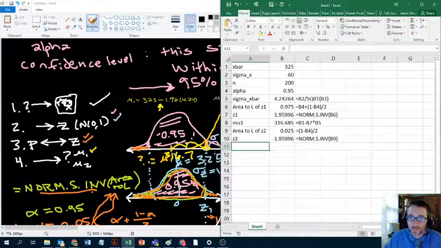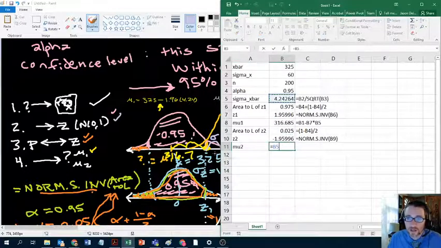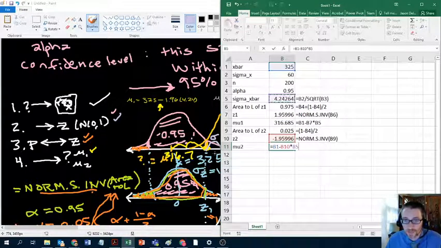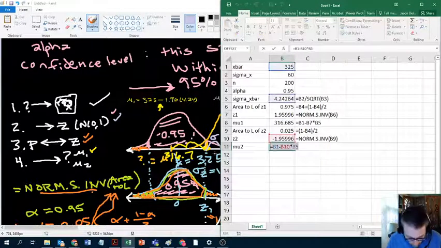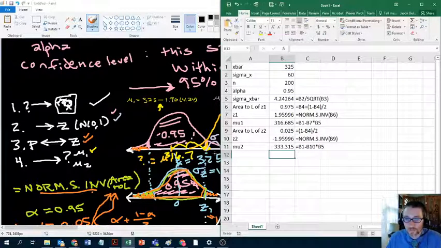So our mu2 is going to be 325 minus negative, right? Minus that times this, which is the same as plus a positive, and 333.315 is what we're getting there. Okay, great.